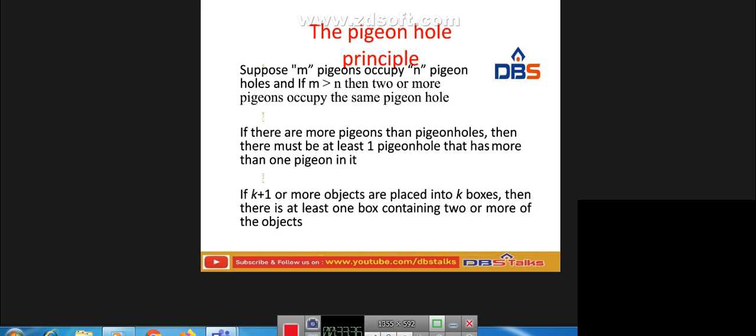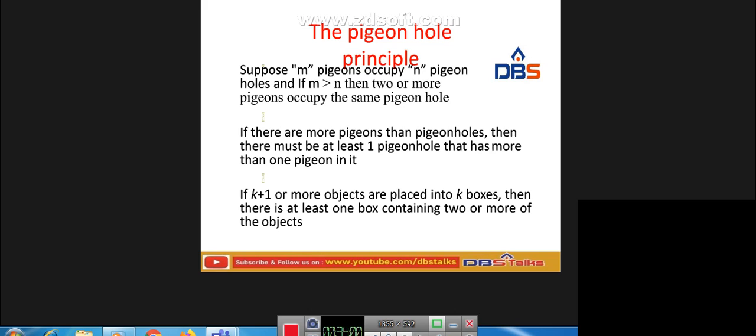That is, if k plus 1 or more objects are placed into k boxes, then there is at least one box containing two or more objects. That is called the pigeonhole principle.